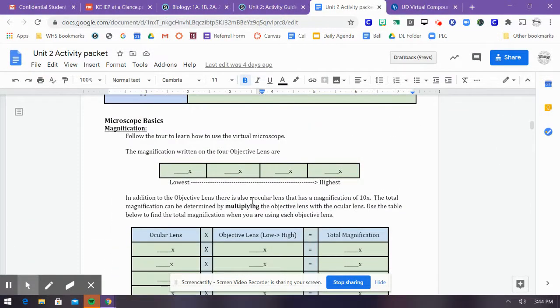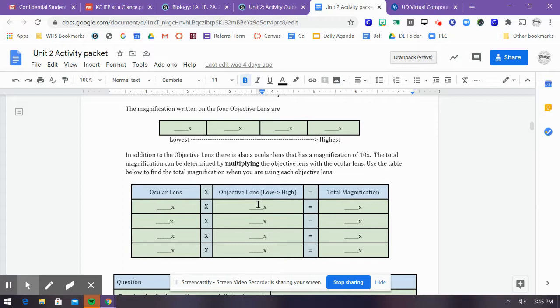The only thing I haven't really gone over yet is this part right here, which is talking about the magnification capabilities. As you saw in this microscope, there were 4 objective lenses. You're going to write out the magnification of each. And then look, objective lenses go through high, write it out here too. And then you're going to times it by the ocular lens strength.